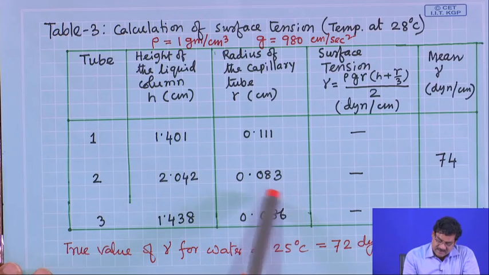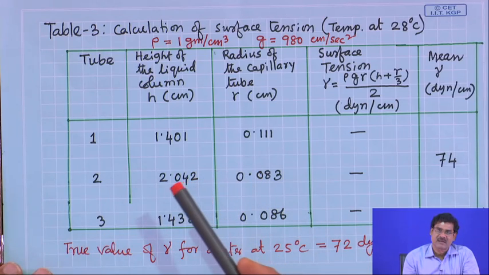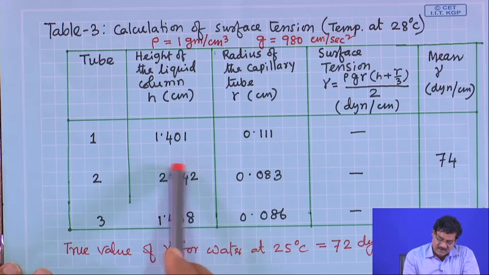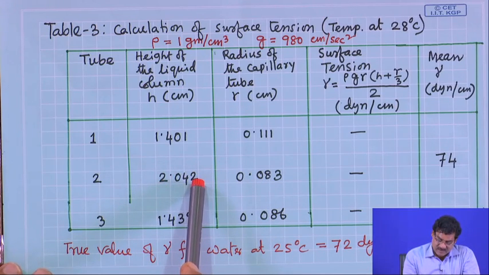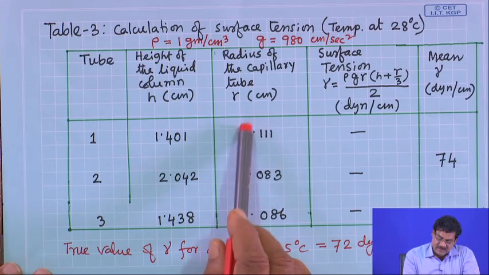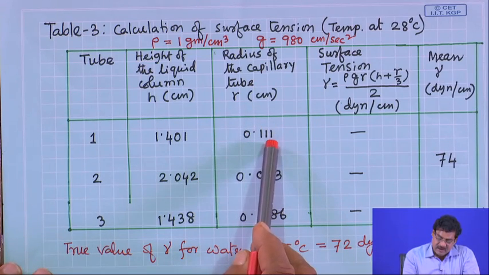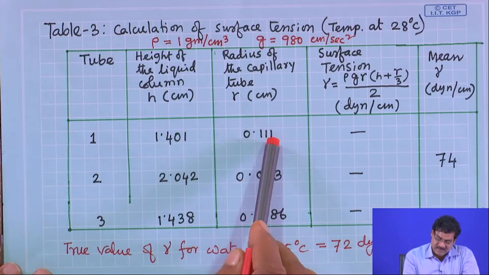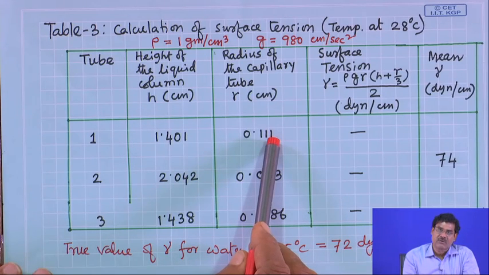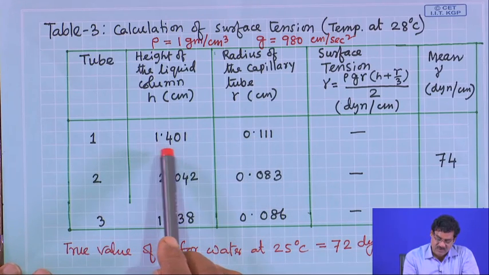Here I can see this is the smallest radius. So, for the smallest radius the water column height will be higher, so it is the highest, that is fine. And this is the highest radius, so the liquid column should be the lowest, and that is what it is, 1.401.